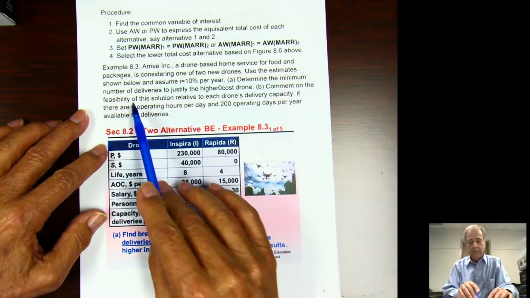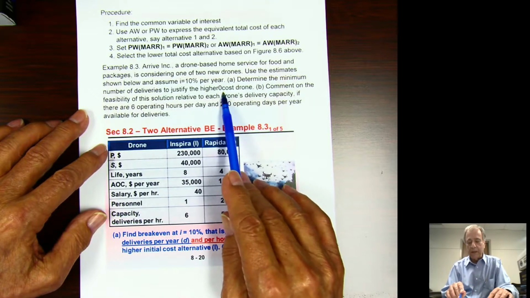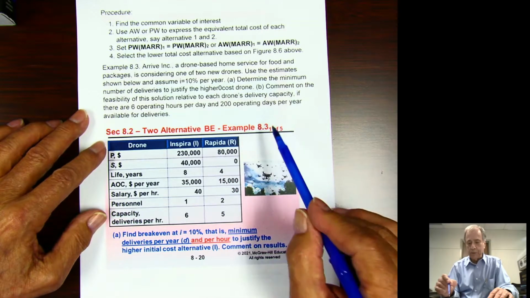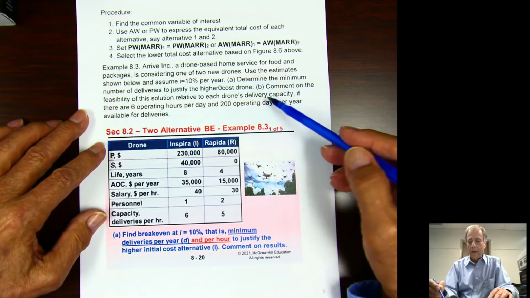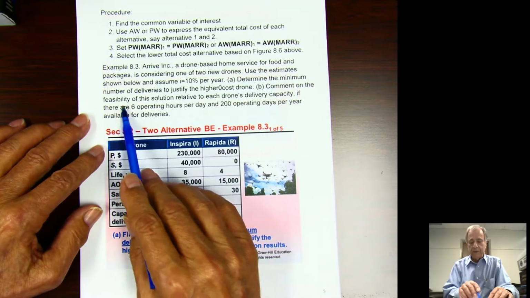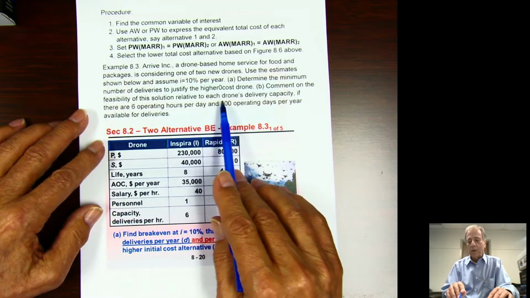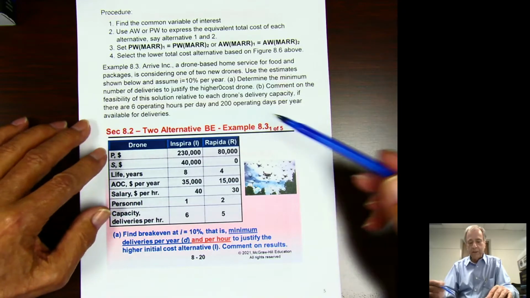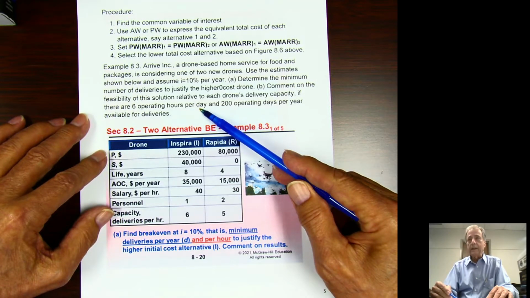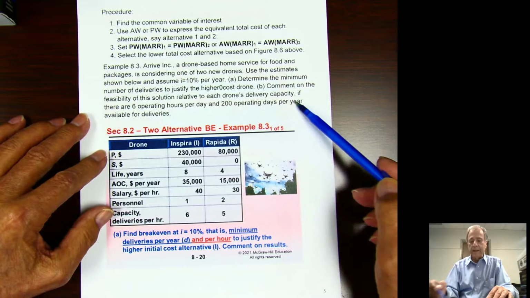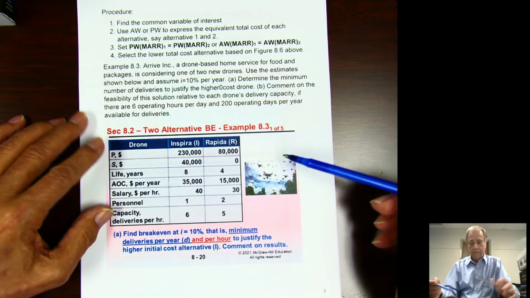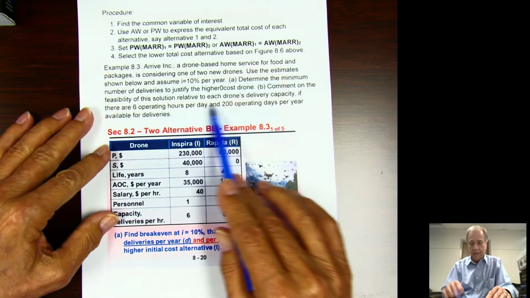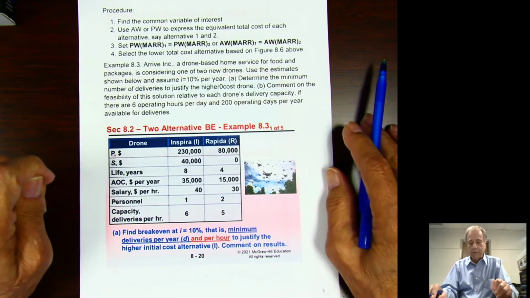Determine the minimum number of deliveries to justify the higher cost of the drone, and then comment on the feasibility of this solution relative to each drone's delivery capacity. If there are 6 operating hours per day and 200 operating days per year, the number of hours per year then would be 6 times 200, 1,200 hours per year.